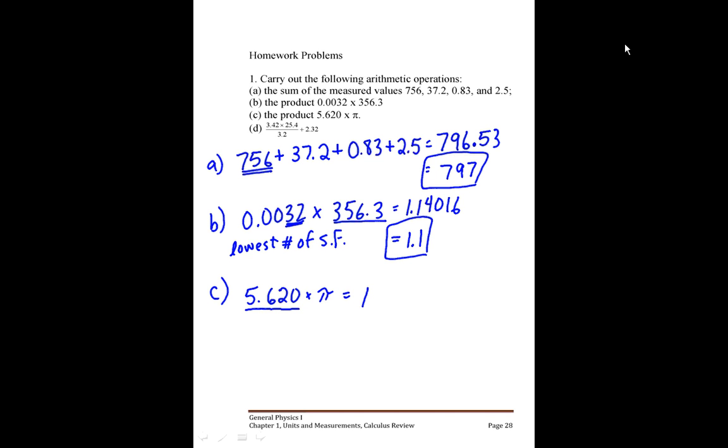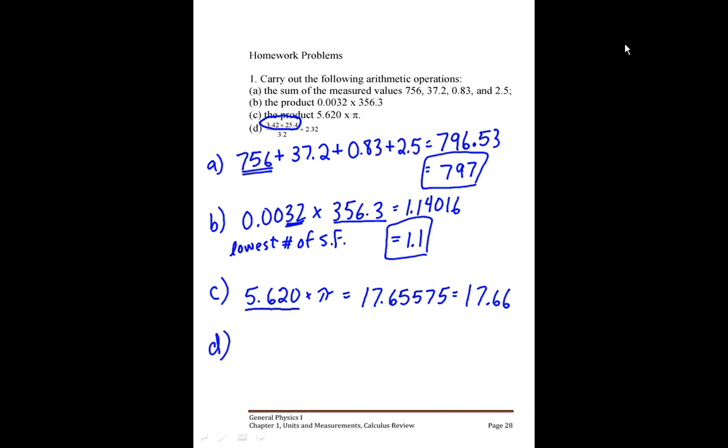If we put this in our calculator, we get 17.65575. And keeping 4 sig figs, I get 17.66.